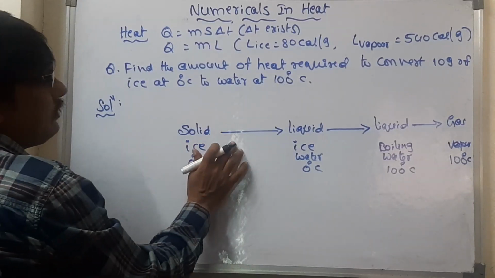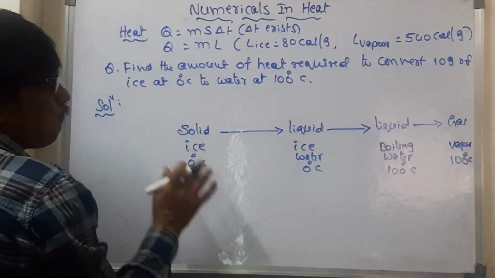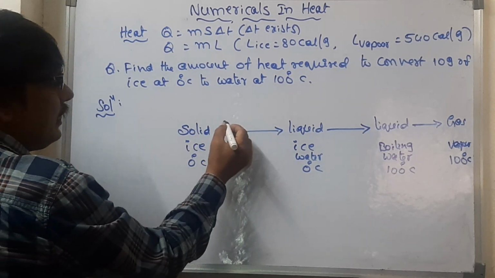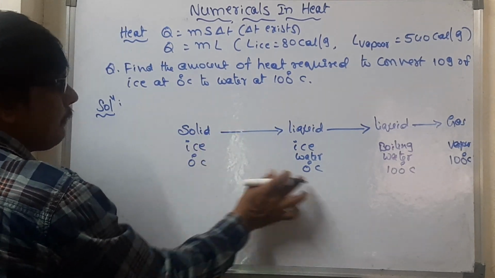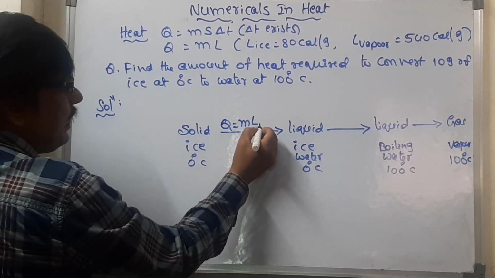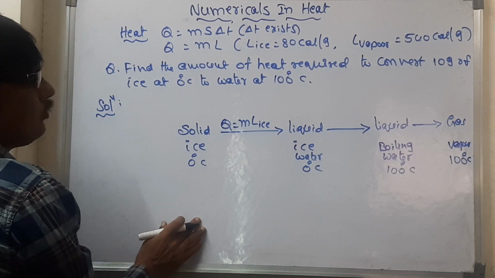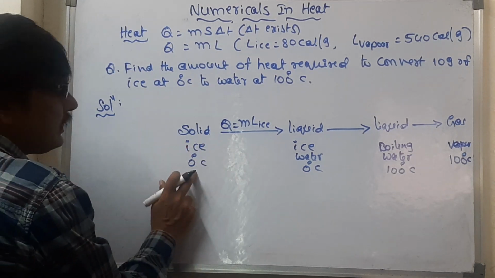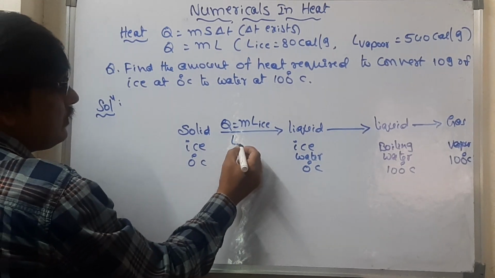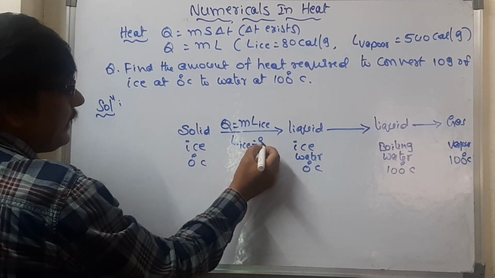If solid is converting to liquid, what formula should we apply? Here the temperatures are the same, so we can use Q is equal to ML ice. Okay, if the temperatures are the same, 0 and 0, ML ice. L ice we know is equal to 80 calorie per gram.